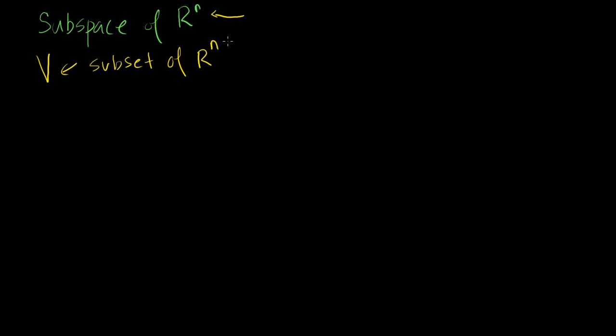Sometimes we visualize it as multi-dimensional space, but if we wanted to be as abstract as possible, it's the set of all x1, x2, all the way to xn, where each of the xi's is a member of the real numbers for all of the i's. That was our definition of Rn. It's just an infinitely large set of vectors.